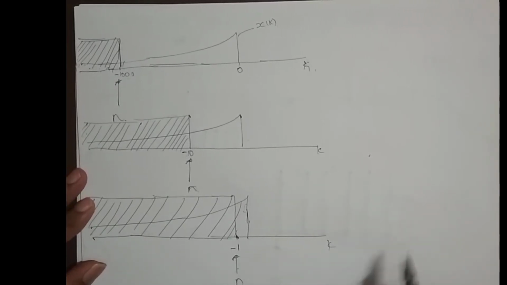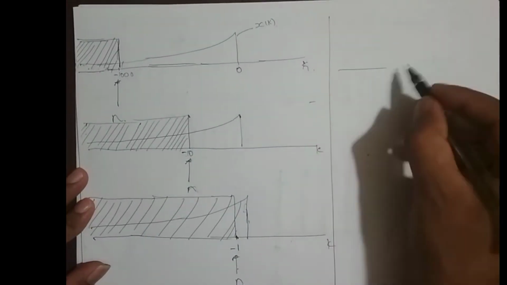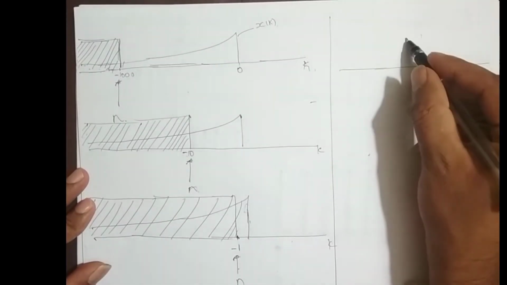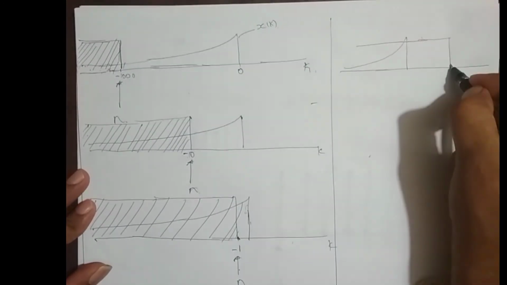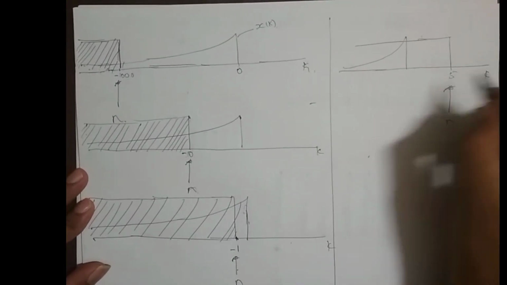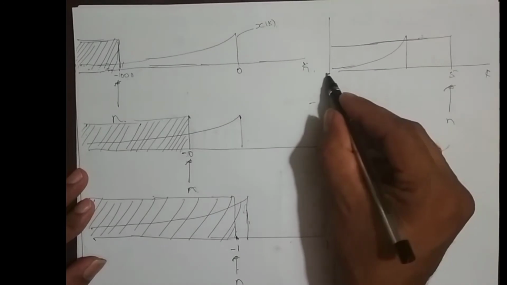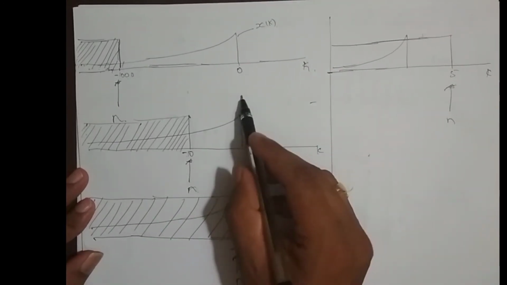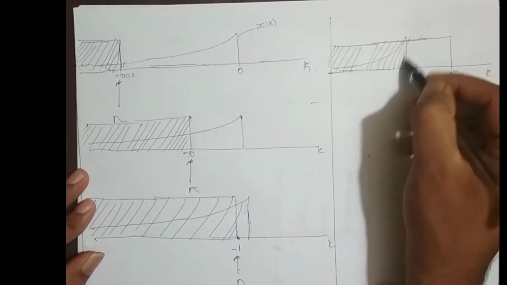Say if I move it further right, say to 5, so this is 5 and this is n, this is k. Now tell me, what is the overlap region? It started from minus infinity and ends at 0, right?